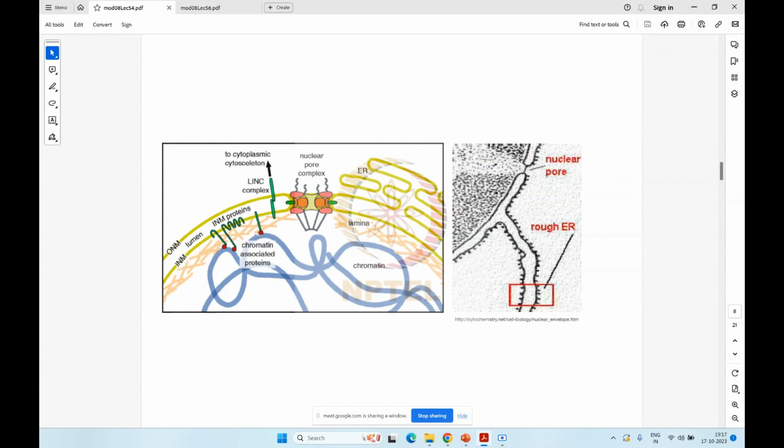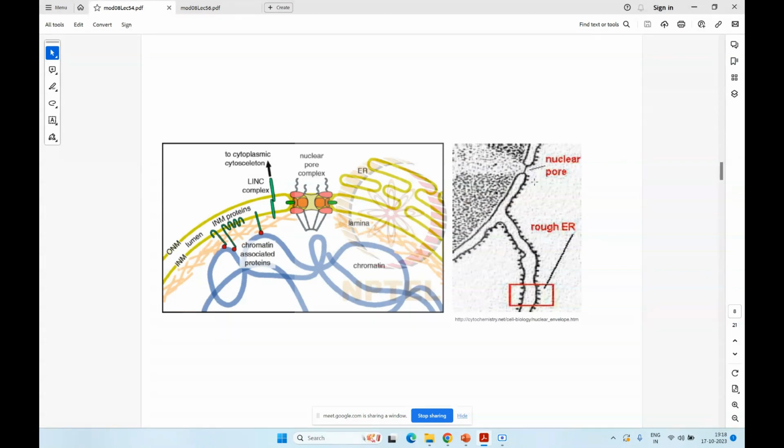The lamina is also associated with the chromatin, different forms of it. There have been multiple reports as to what other proteins that are present in the envelope do, but I think you won't need it.